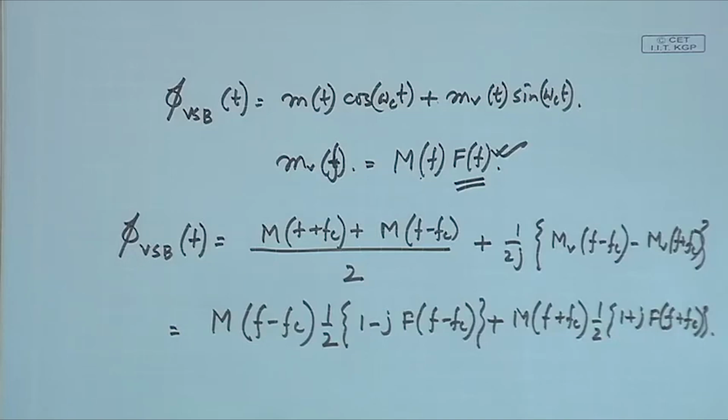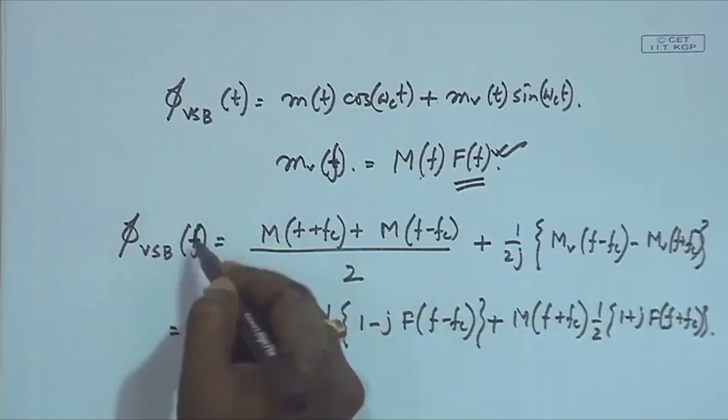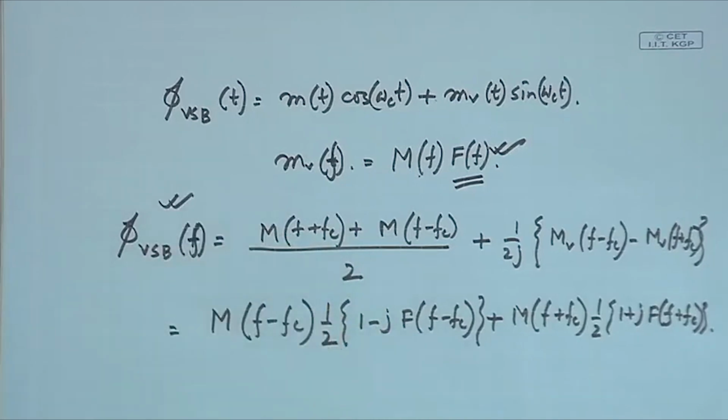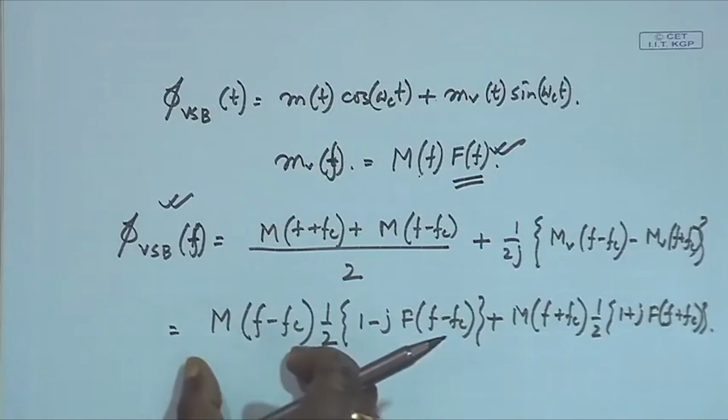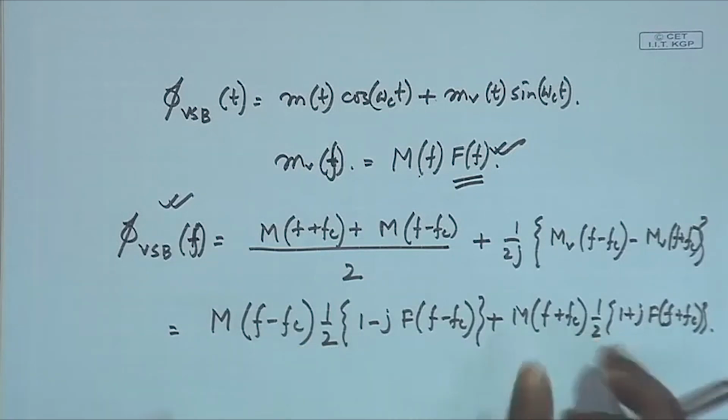So, this is what we are getting. What is happening now, this M(f-fc) and M(f+fc), see this is my VSB(f). What was my earlier assumption? It must be [M(f-fc) + M(f+fc)] into H(f), that was my earlier assumption, okay, or I should not say assumption, that was the actual generation.